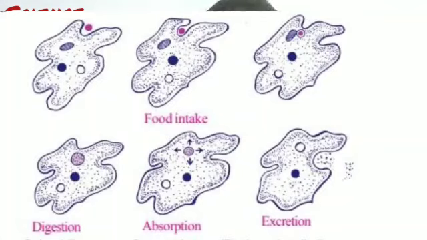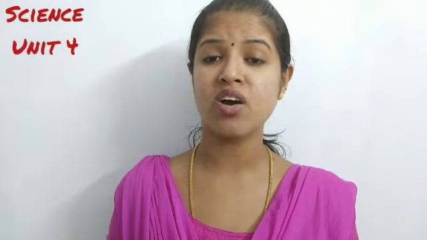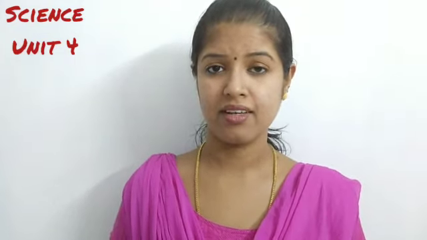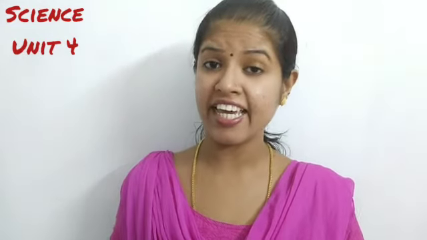So once again, ingestion, digestion, absorption, assimilation and excretion. These are the different stages of the nutrition in amoeba. First stage is the ingestion. That means taking in of food.